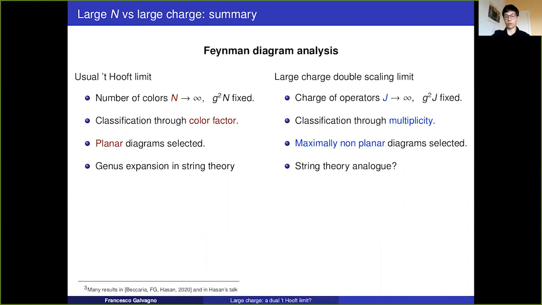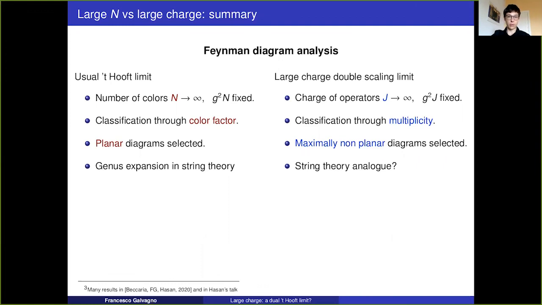In the future, it would be definitely interesting to understand if there exists a string theory interpretation of this large charge. On the same line, there exists this nice analogy between the large N and the genus expansion in string theory.